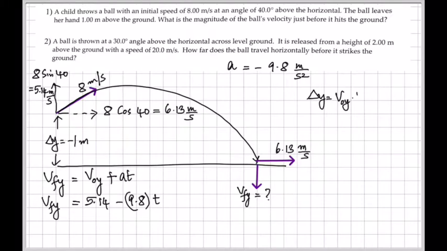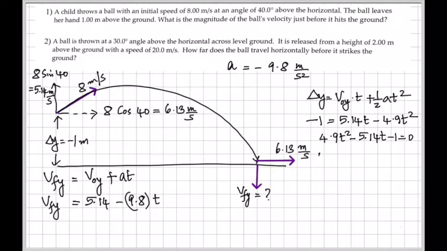So to find the time, use this equation, again the vertical, substitute the numbers, get that quadratic equation, solve the quadratic: minus b plus or minus square root of b squared minus 4ac, divided by 2a.